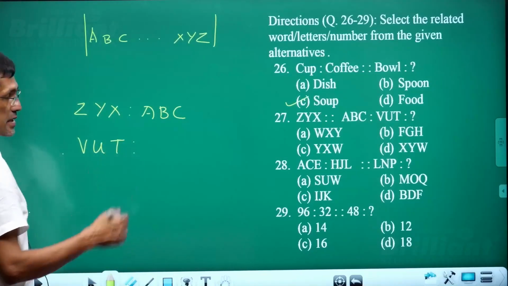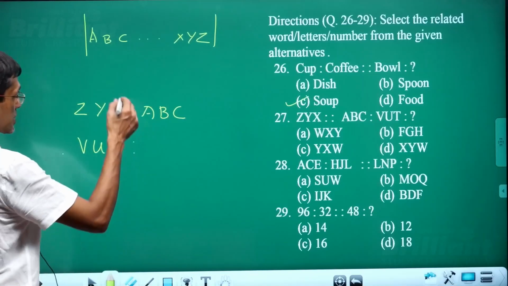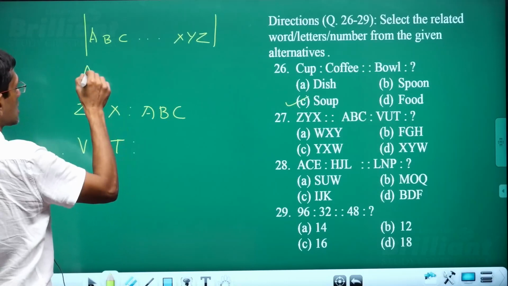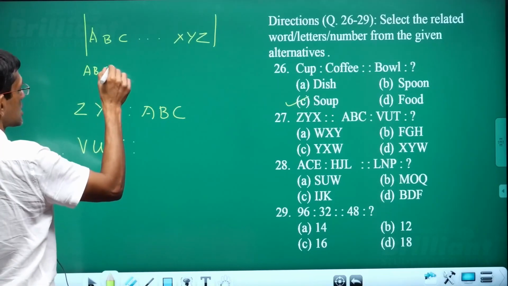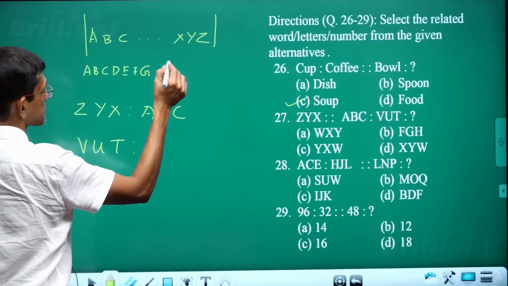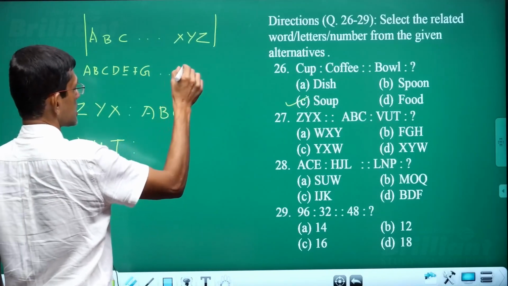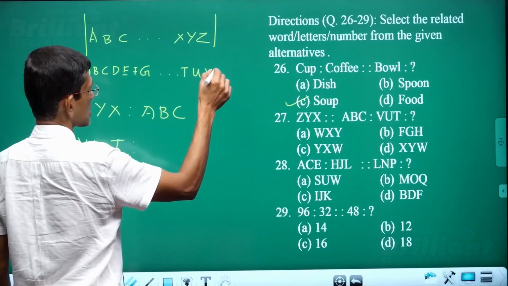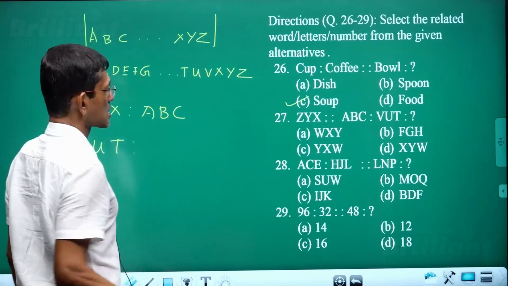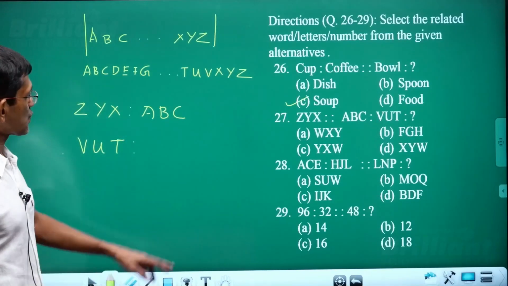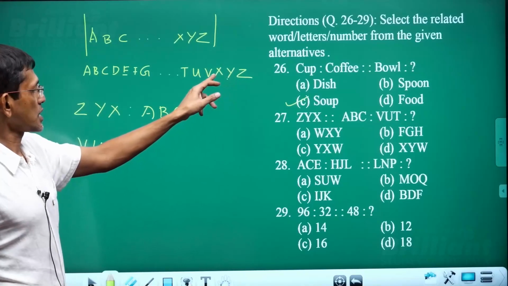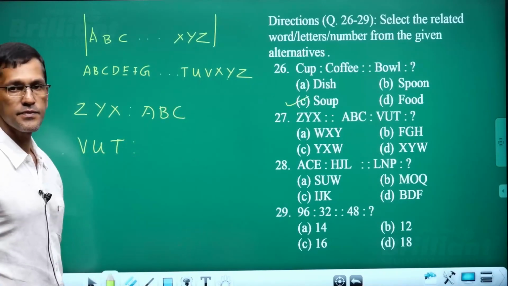Then how about VUT? V is what? A, B, C, D, E, F, G, up to T, U, V, X, Y, Z. So U, from the right end, is 1, 2, 3, 4, fifth letter.